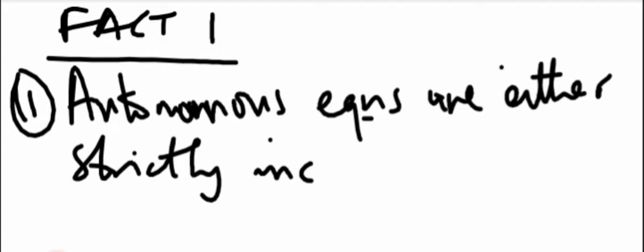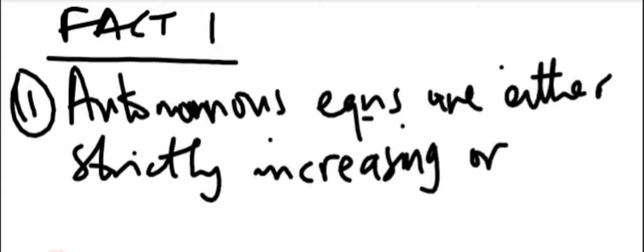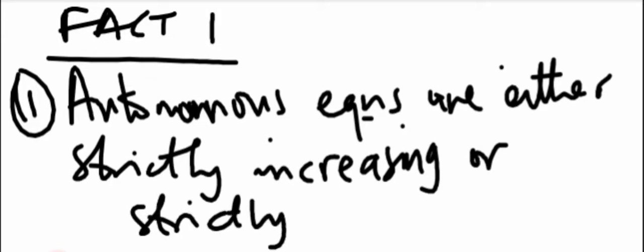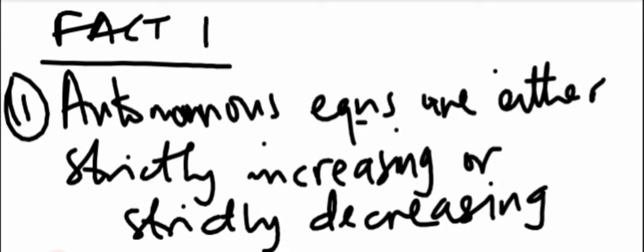If it is bigger than 0, then it's increasing. If it is less than 0, then it is strictly decreasing. This is very important because autonomous curves either go upwards or downwards. They're usually slopes.